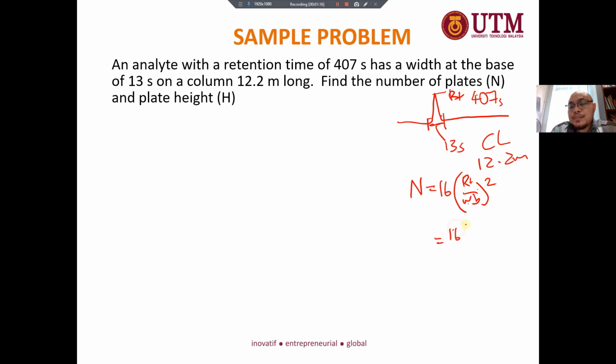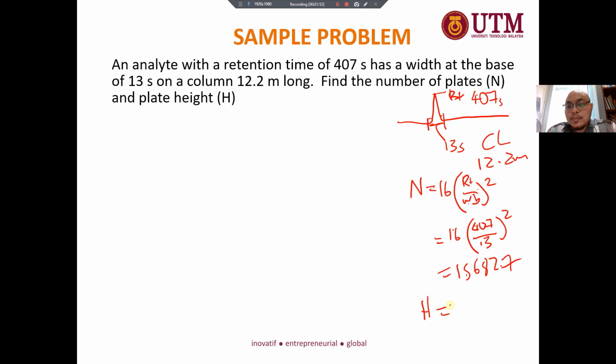So 16, the RT is 407 divided by 13 seconds, squared. By using the calculator, 407 divided by 13, squared, the value multiplied by 16 is 15682.7 something. So you have the plate number. Then you need to calculate the height.